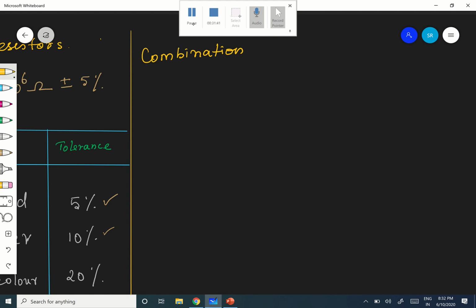In 10th standard you would have studied combination of resistances. There are 2 combinations possible. One is resistances in series and the other is resistances in parallel. Both we are going to see. So first one, resistances in series.